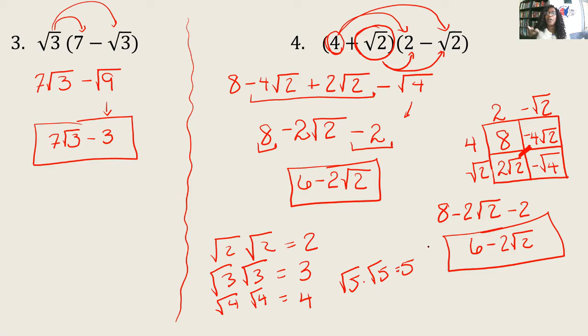If they're the exact same thing and you're multiplying, all you have to do is pull out the number that's underneath that square root. So if you have, say, the square root of 9 times the square root of 9, that will equal 9.